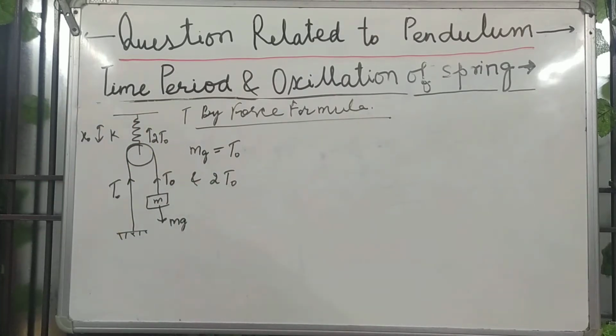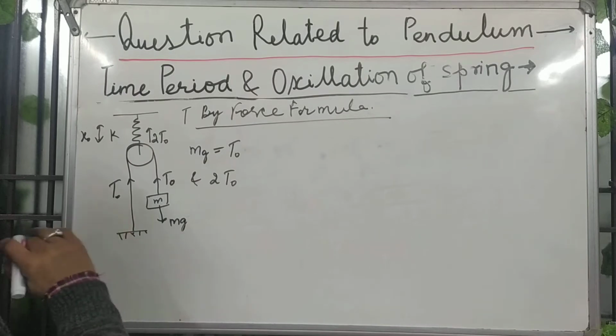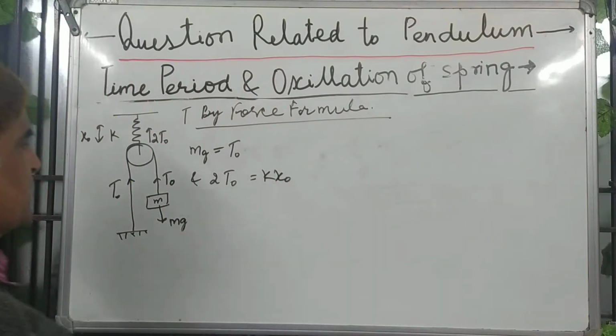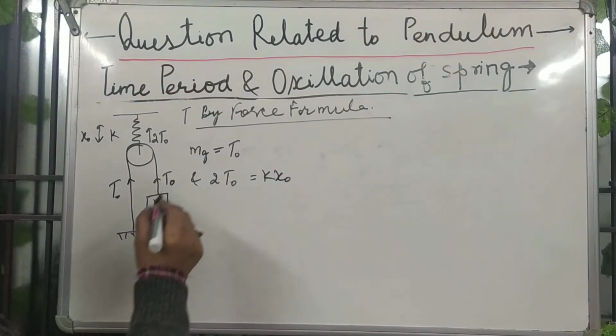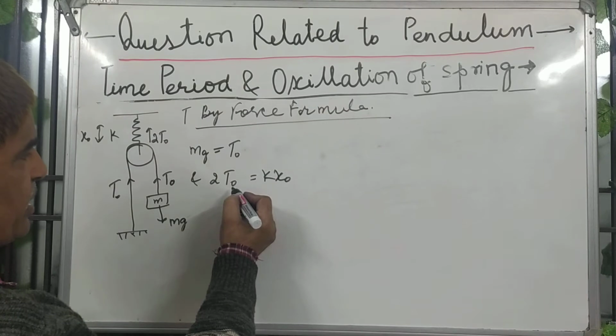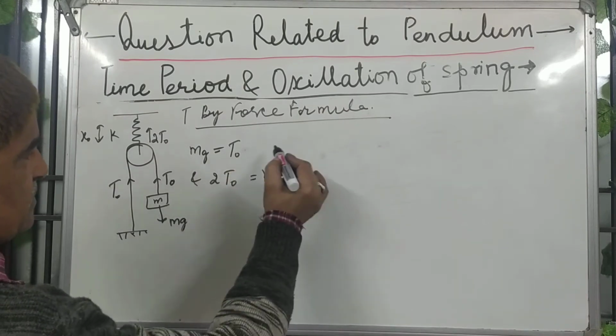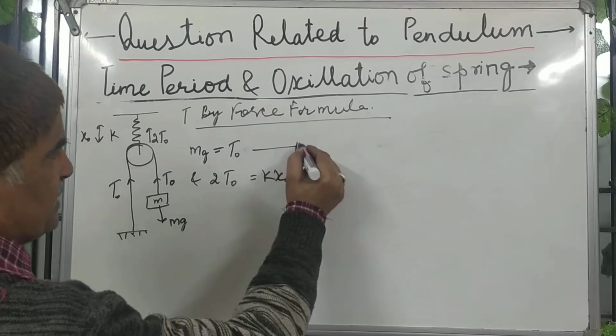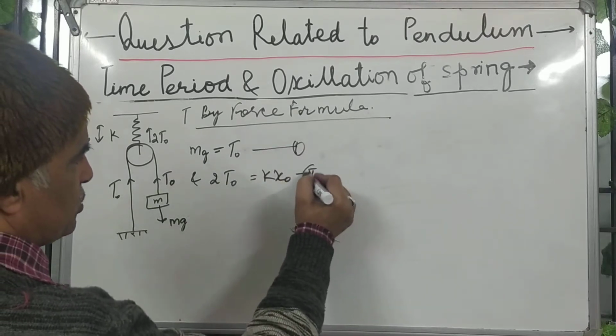This is the restoring force, the spring force: twice T naught equals K times X naught, where X naught is the extension in the spring. And you may write T naught equals mg. So this is the first equation, and this is the second.